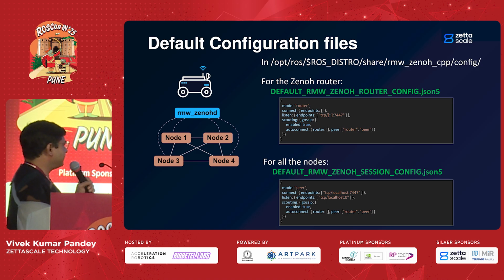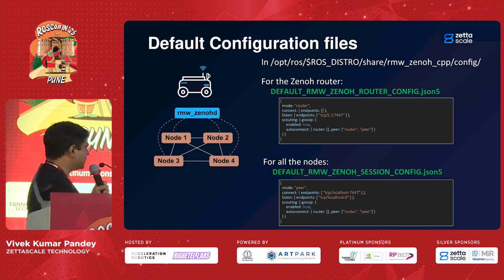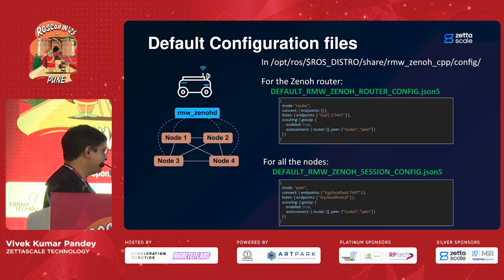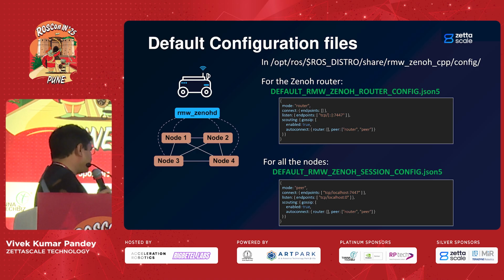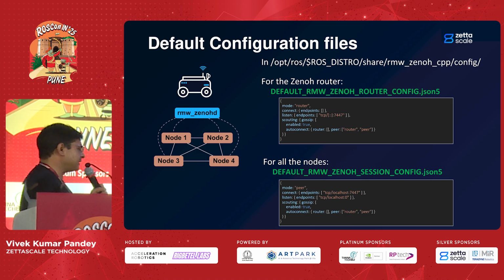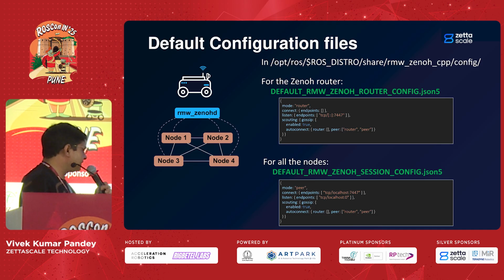You can see that by default the router doesn't connect to other external endpoints, and it enables the gossip protocol for discovery, and it automatically connects to the router as well as peers. On the other node side, the node connects to the router at endpoint TCP localhost, port 7447, and it listens on localhost, with the port assigned by the operating system, so it is 0.